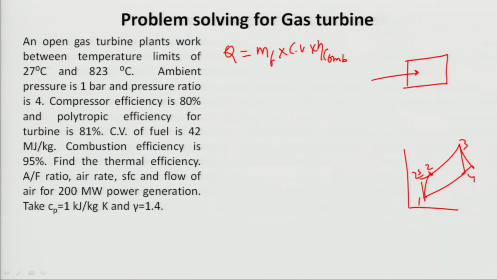At point 2, mass of air is entering, certain fuel is entering, combustion takes place, and it leaves here at point 3. What is the mass of gases?